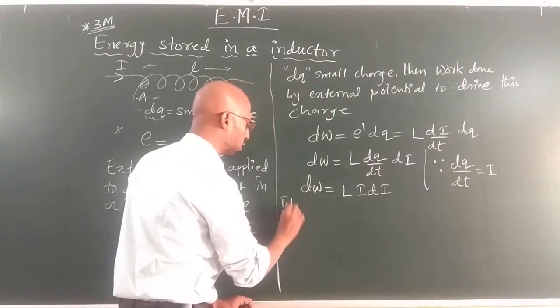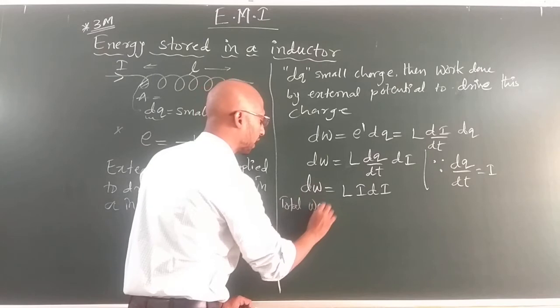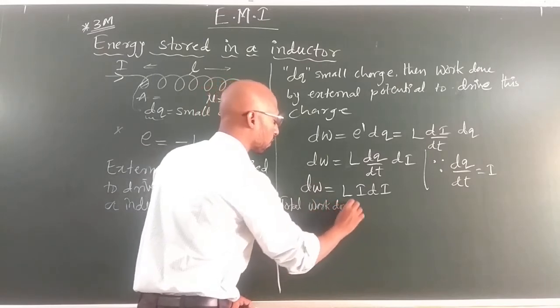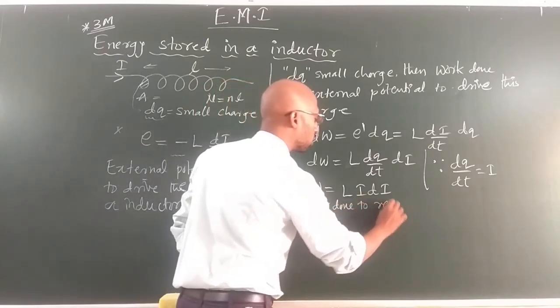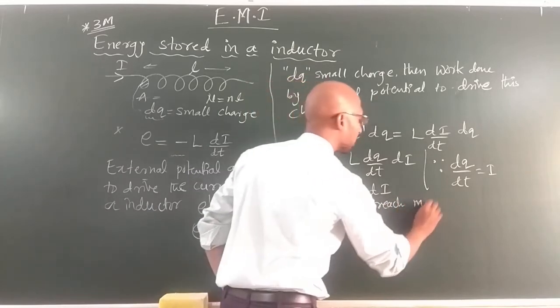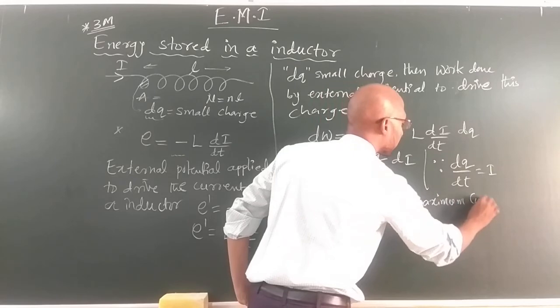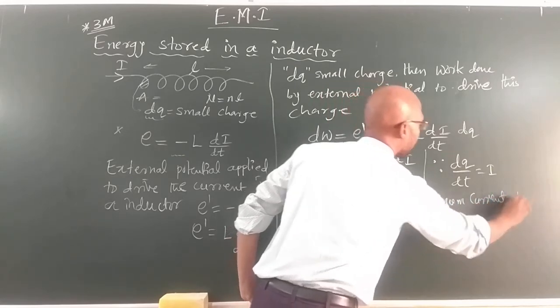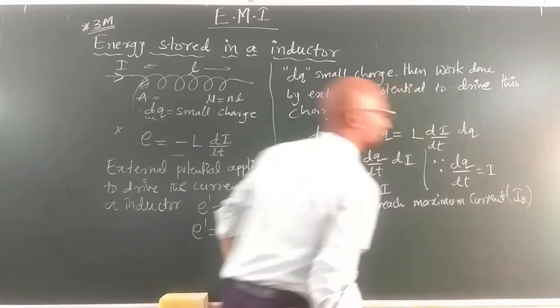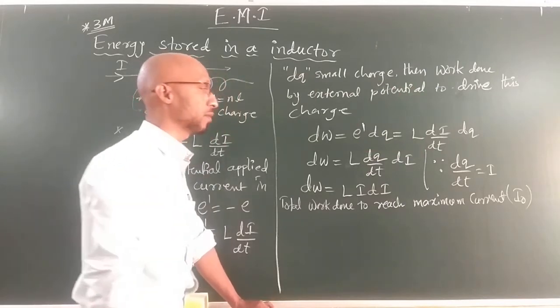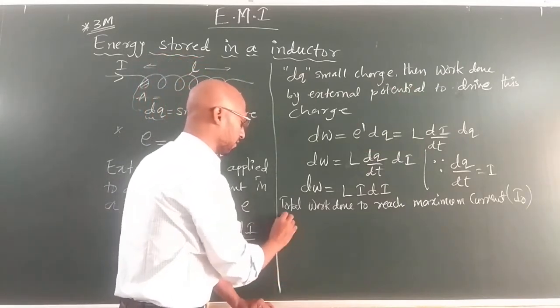Now, the total work done to reach maximum current. I0 is the maximum current, to reach the maximum current in an inductor.